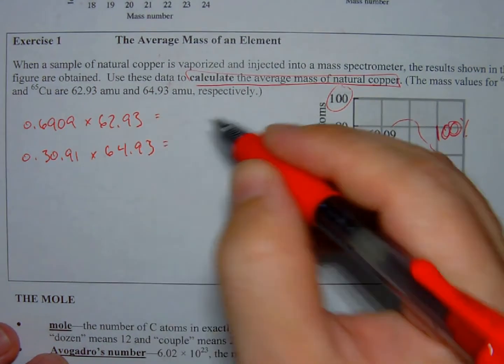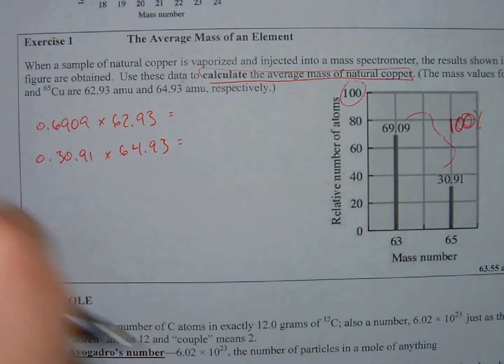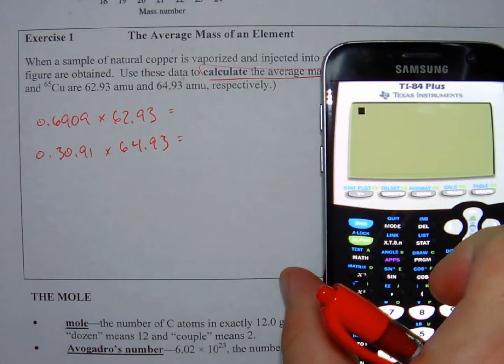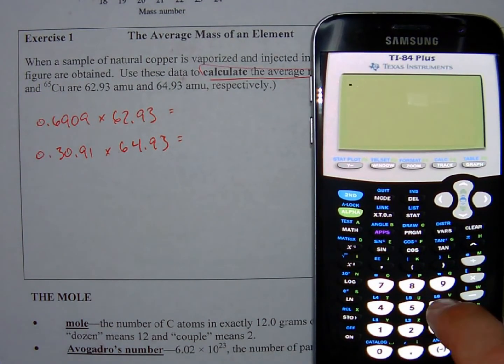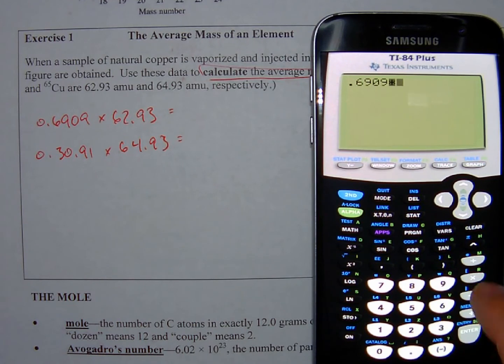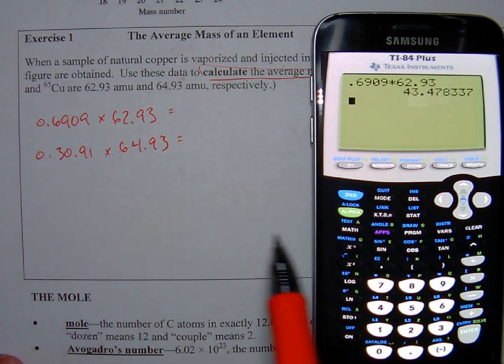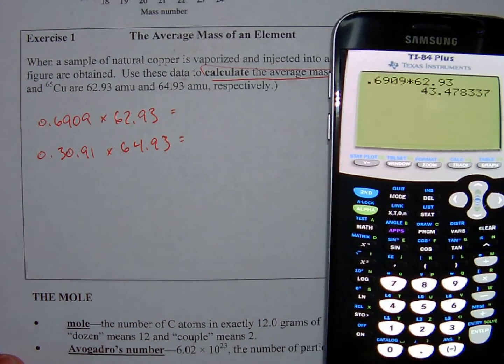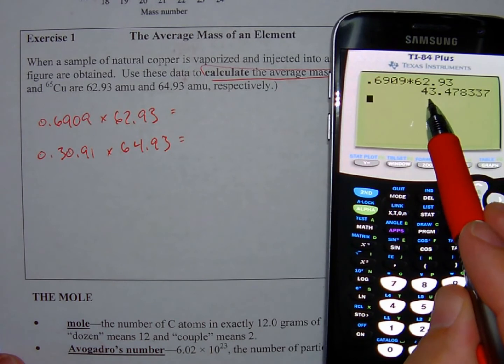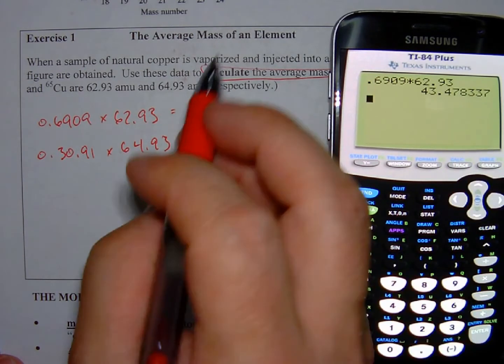Let's calculate. Let's see what's going on. Get my calculator app. 0.6909 times 62.93. That ends up being, let's see, how many significant figures do I want? 4. Alright, so that'll be 43.48.